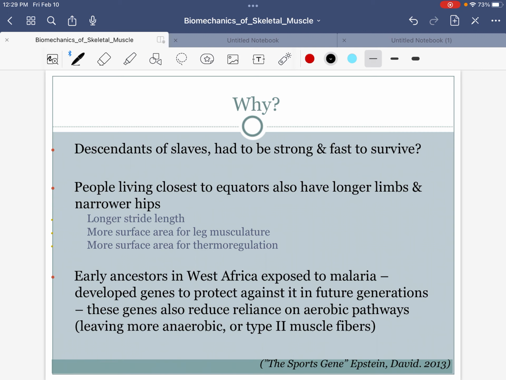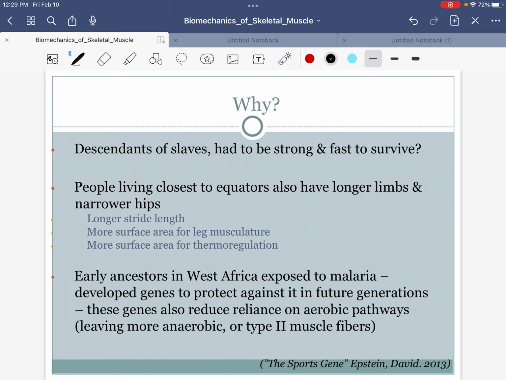The book Taboo tried to think about what are some reasons in evolutionary terms why this might be the case. You don't need to know this, but sometimes it can be interesting. We know African Americans and people of African descent are more likely to have sickle cell anemia.